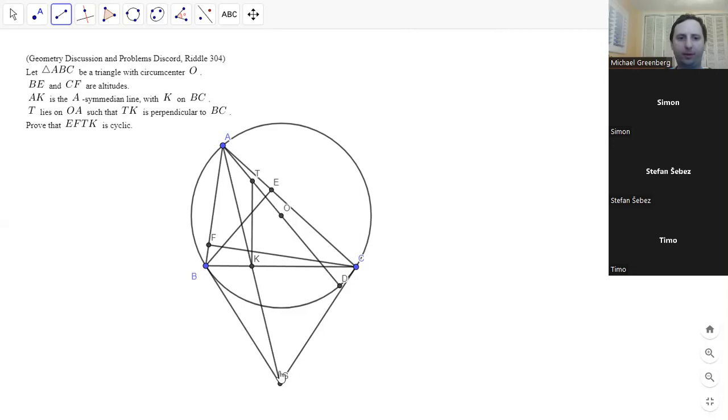You just let the median intersect BC at K, and then you draw the perpendicular to AO.